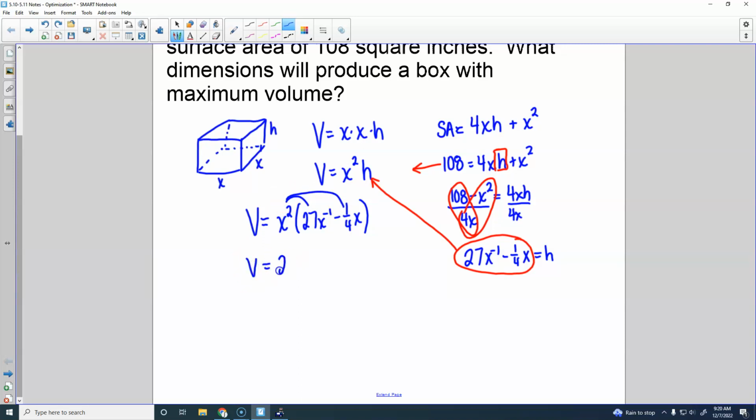Because that'll give you 27x minus 1/4 x to the third. That way you just have to do power rule. You don't have to do anything fancy there. So if we take the derivative of this, dV/dx, we'll get 27 minus 3/4 x squared.